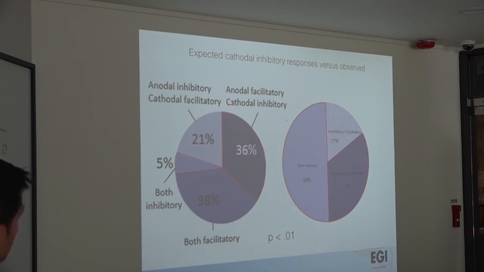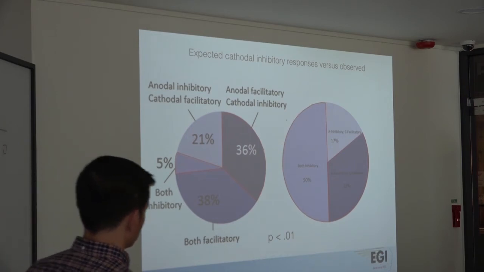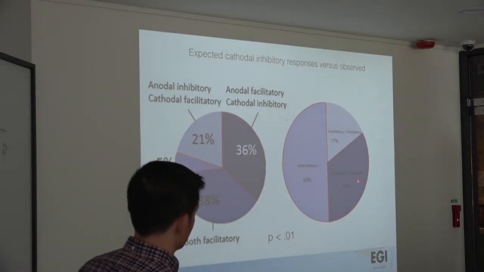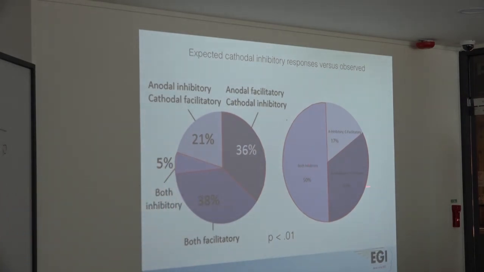According to the expected, this is cathodal inhibitory and also cathodal inhibitory. You expect 41%. For us, this is our distribution, about 83%. So that's significantly different, twice as much.